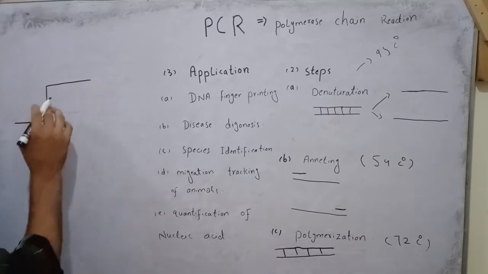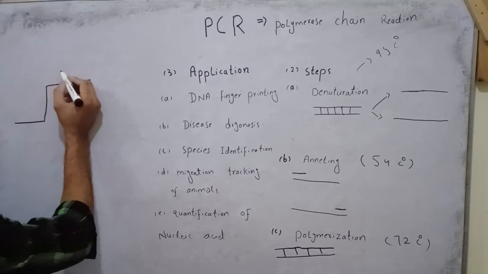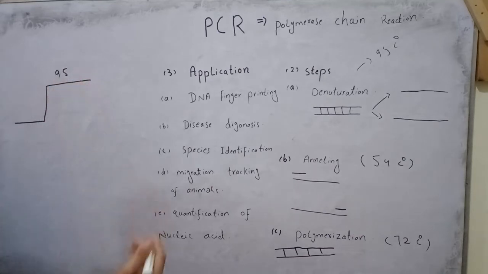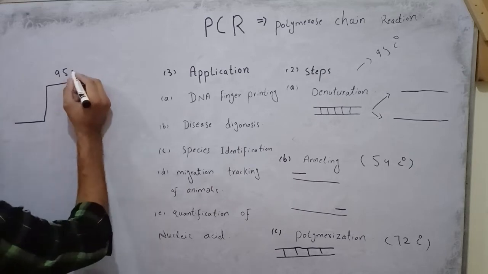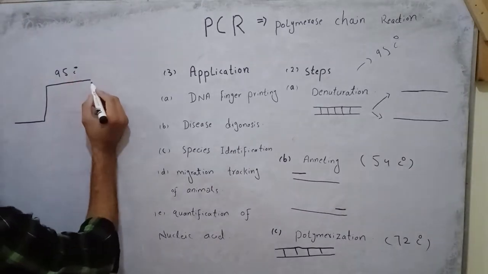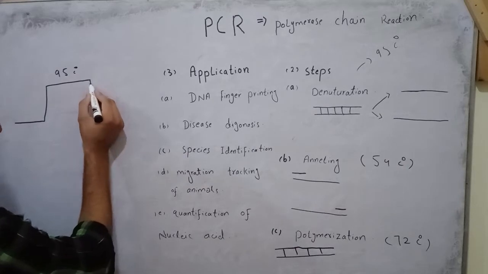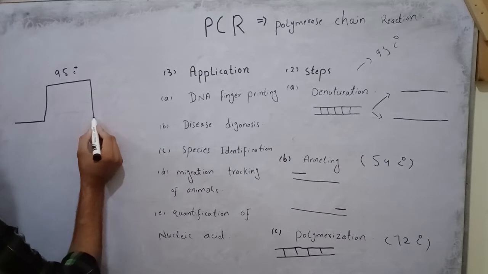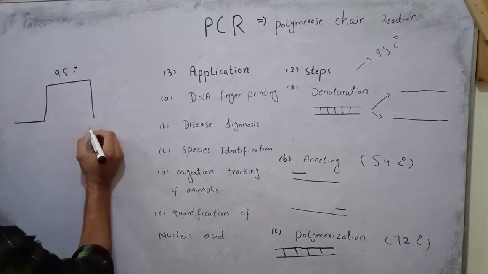First, we increase the temperature to 95 or 94 degrees centigrade. Then we reduce the temperature to 54 degrees centigrade.